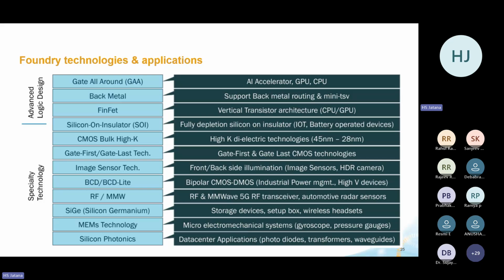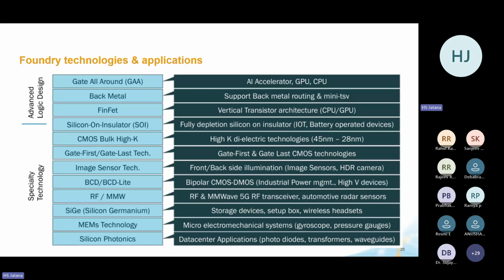These are some of the process nodes which have been given. If you have to design for AI, there is a lot of talk nowadays about AI, ML, machine learning, deep learning, and accelerators for AI and ML. There you need very high speed processing.